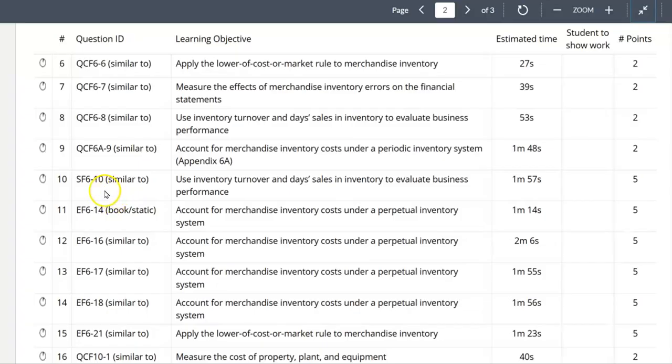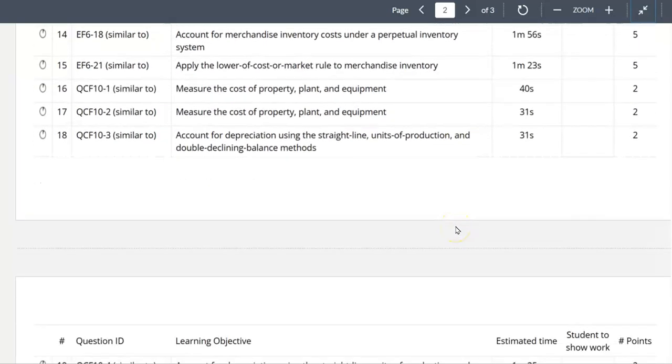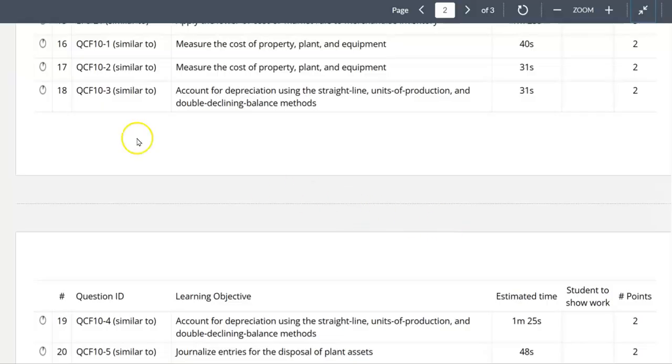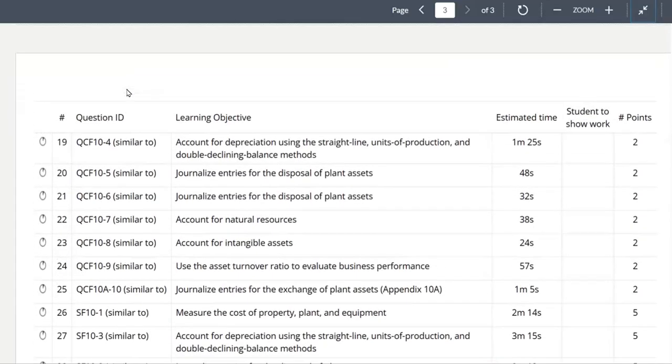So as you can see here, 610, 614, 616, 617, 618, and 621. Okay, all with 5 points apiece. They're from your homework. Then it'll be on the next chapter, 10 multiple choice questions from, in this case, chapter 10.